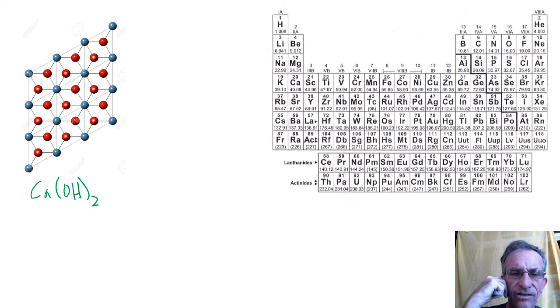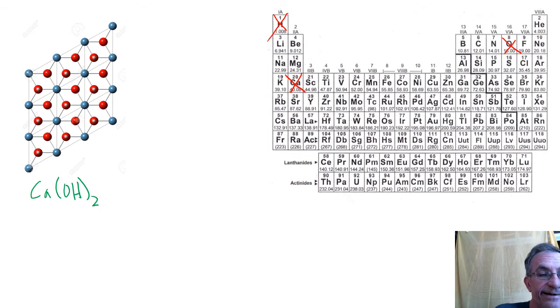If you look above it and wonder what the heck that is, that is a representation of calcium hydroxide. You notice that it's a big old grid. Why does it look like a big old grid? Because calcium hydroxide has metals and non-metals, so that is an ionic compound.